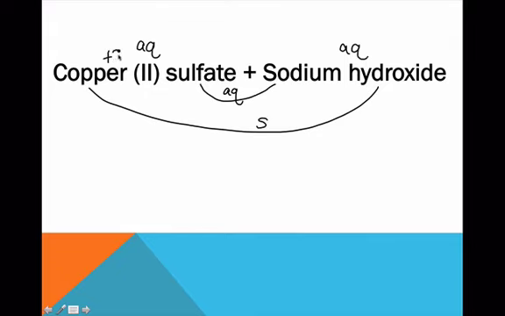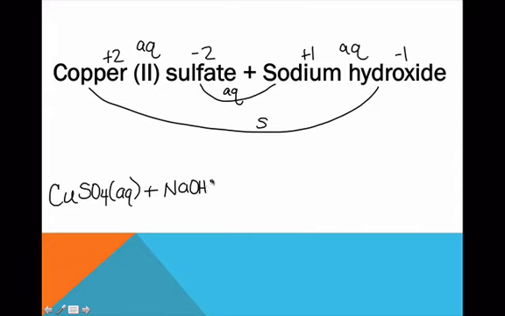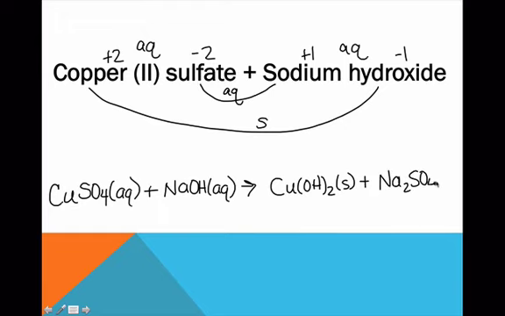Copper 2 is a +2, sulfate is a -2, sodium is a +1, and hydroxide is a -1. So I'm going to go CuSO4, aqueous, plus NaOH, aqueous, gives me Cu(OH)2, that was my solid, plus Na2SO4, and that's aqueous.